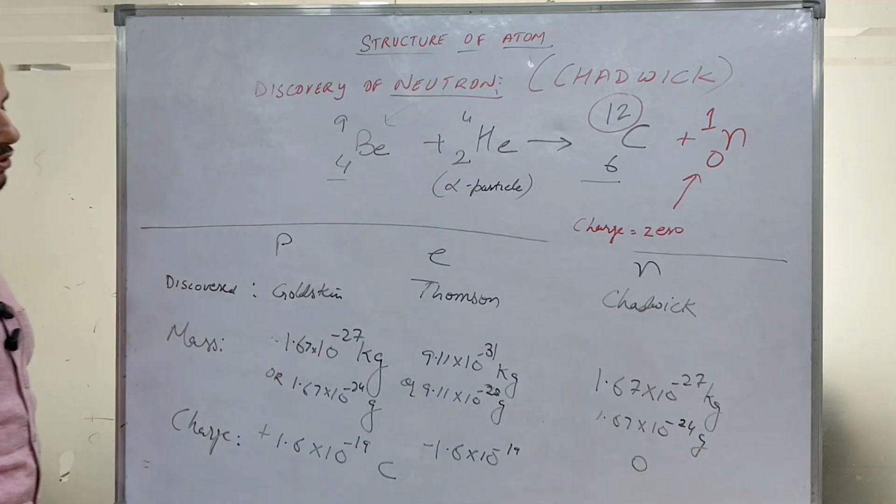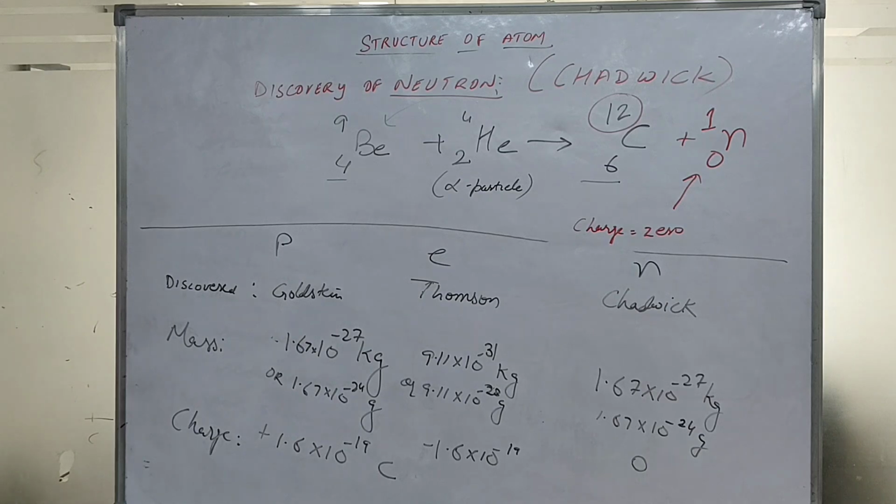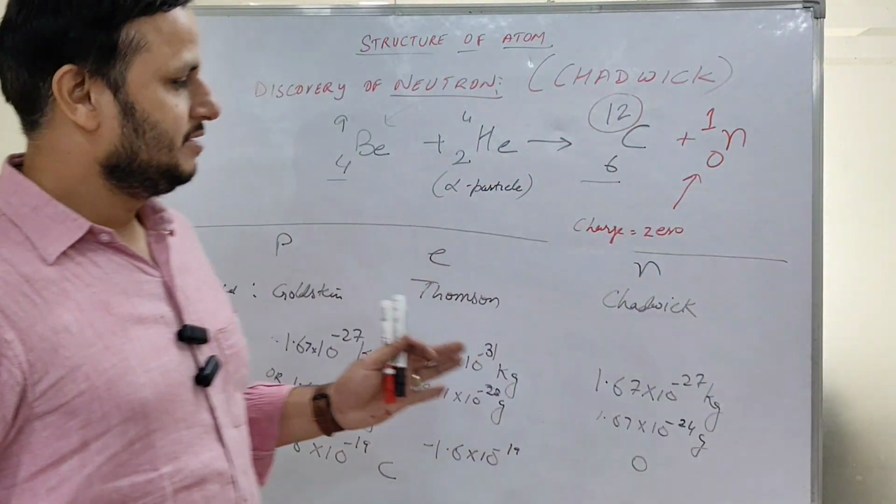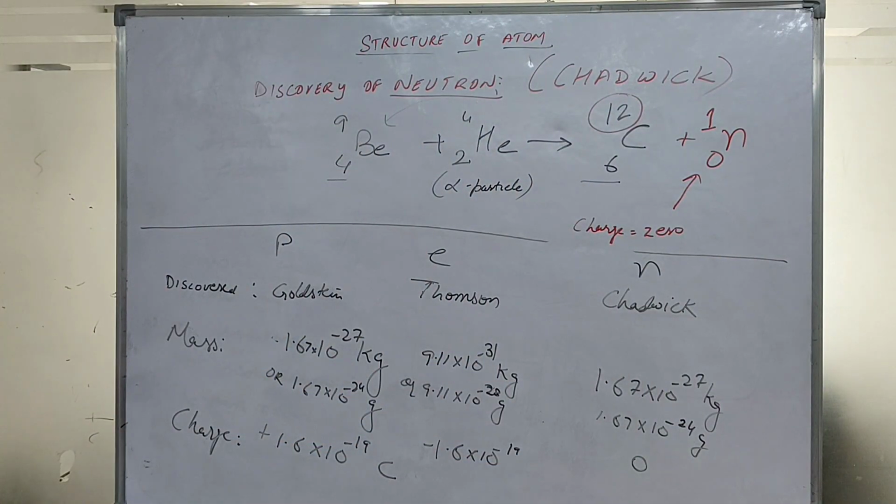The mass of neutron is same as proton. So these are the subatomic particles discovered: proton, electron, and neutrons.